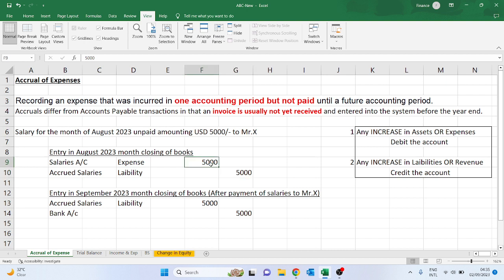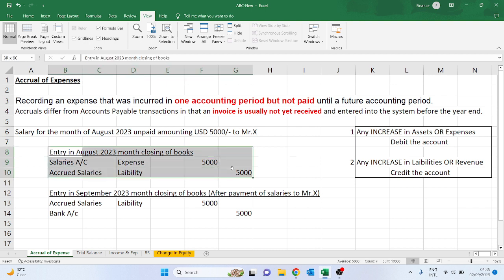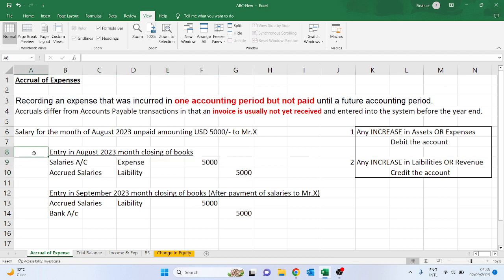In the same way, whatever invoices we receive for the month of August, the expenses we have incurred for the month of August, we need to book in the same way. For example, our office rent is around, let us say, $2,000 per month, but the landlord did not send the invoice for the month of August.